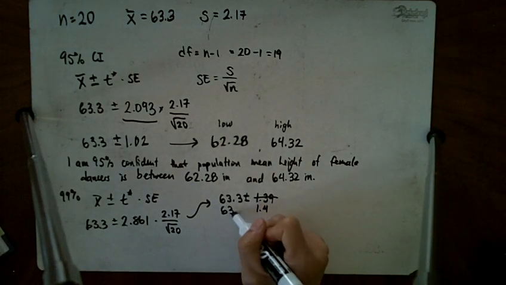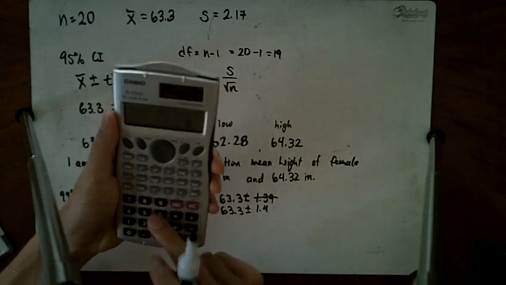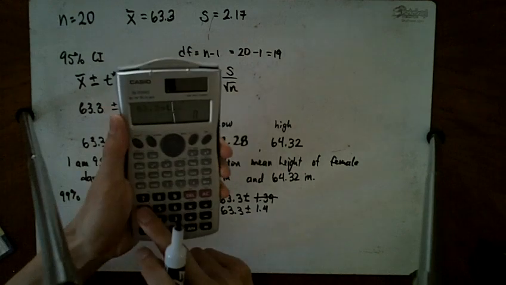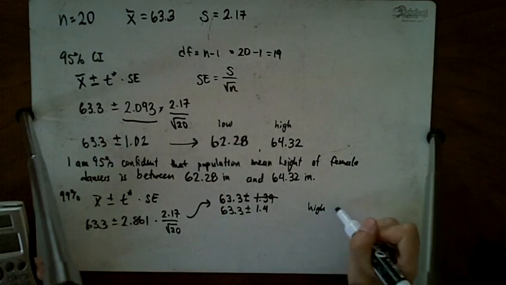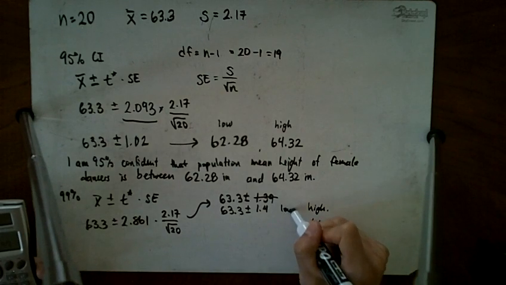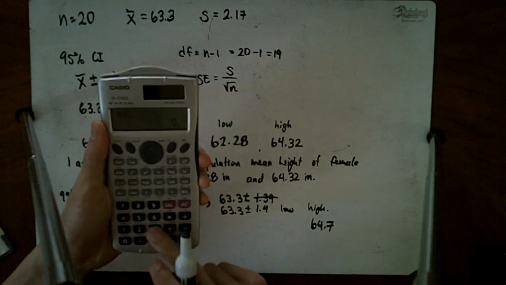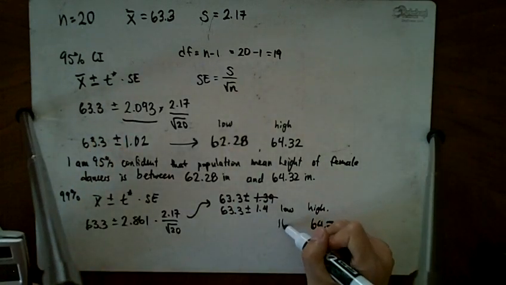So I have 63.3 plus or minus 1.4. So 63.3 plus 1.4 gives me, on the high end, 64.7, and on the low end, 63.3 minus 1.4 gives me 61.9.